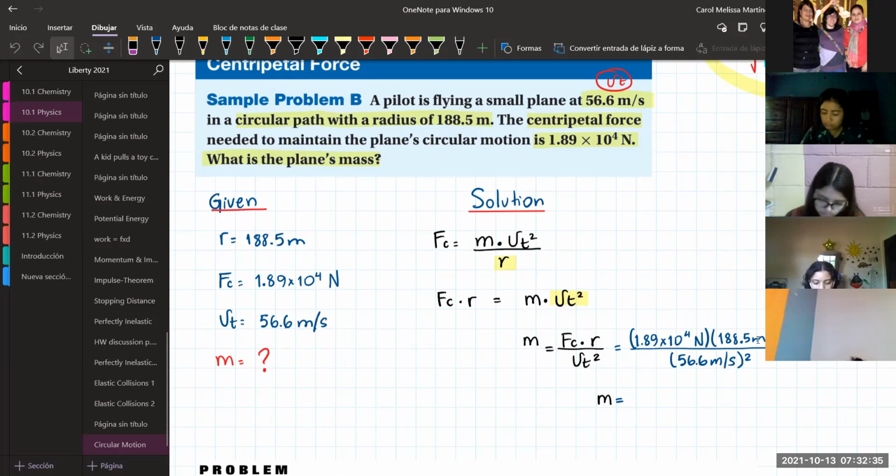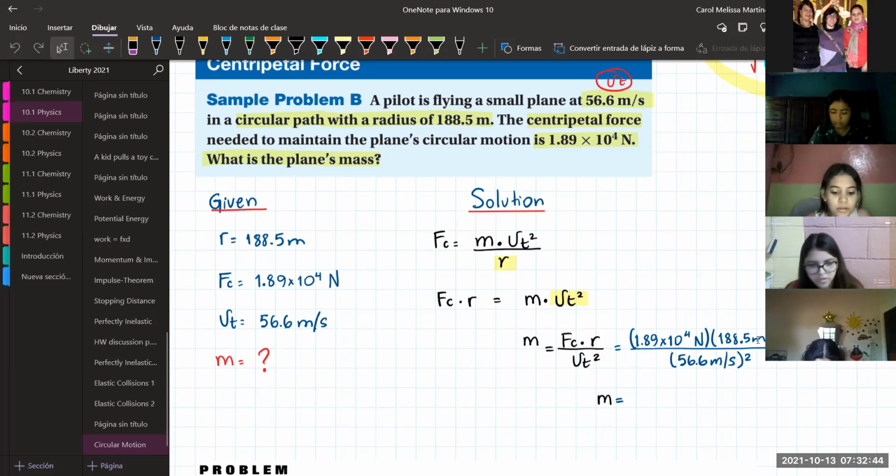How much is this? The final answer is going to be 1,112.19, or 0.09 or 0.1, both are correct.